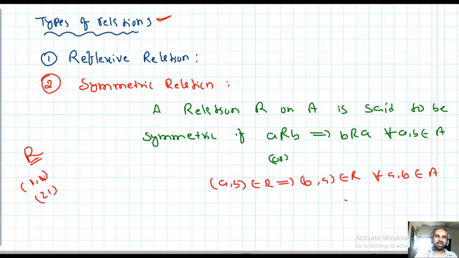If R has an element (a, b), then (b, a) must be there, and then such a relation is called symmetric. I will explain through an example.